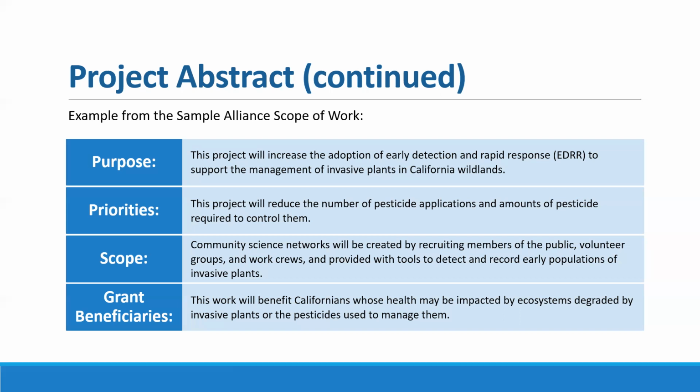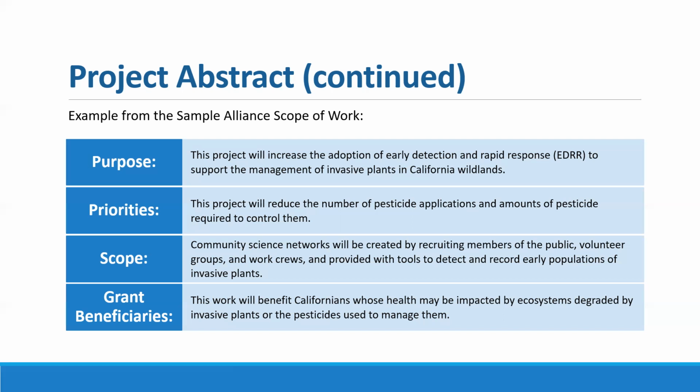So the purpose: this project will increase the adoption of early detection and rapid response to support the management of invasive plants in California wildlands. Then there is a sentence that focuses on the priorities. So this project will reduce the number of pesticide applications and amounts of pesticide required to control them.